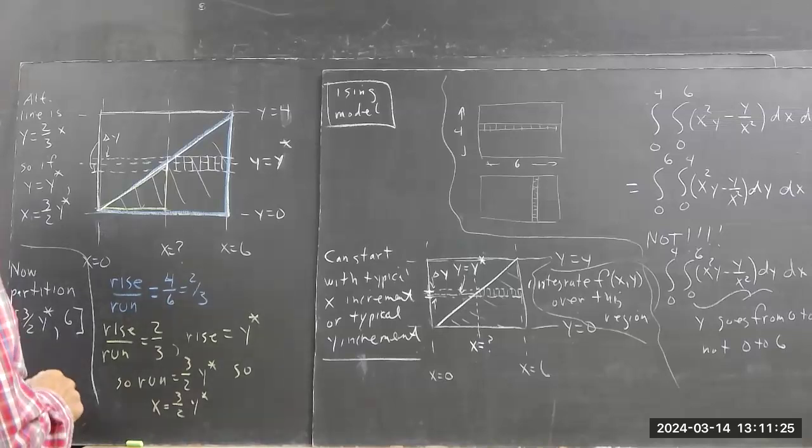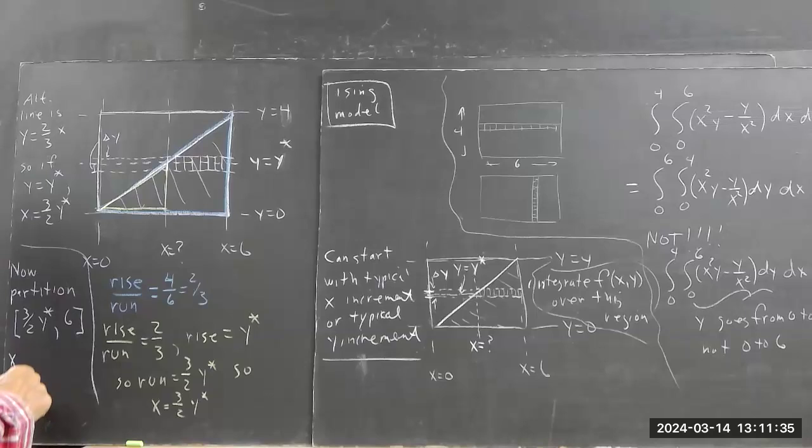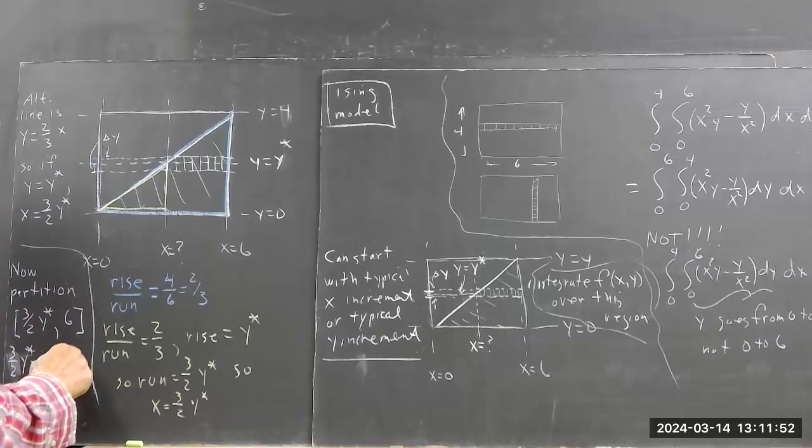Well, this is an x interval, so we can go from this x value to this x value, right there. So 3/2 y star is equal to x0, which is less than x1, which is less than, and so forth up to xn, which equals 6.